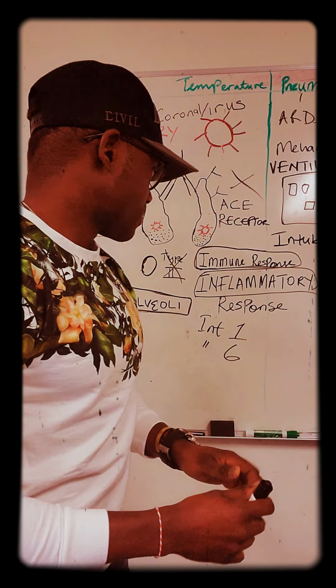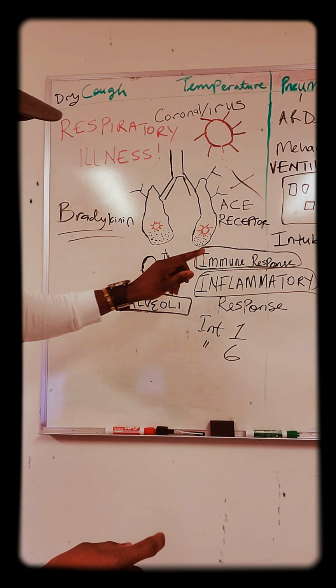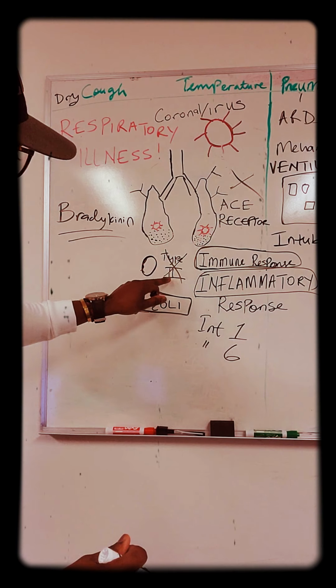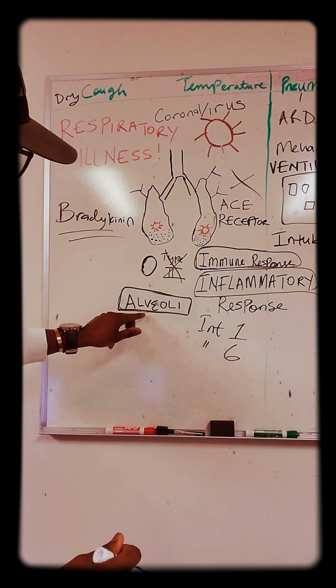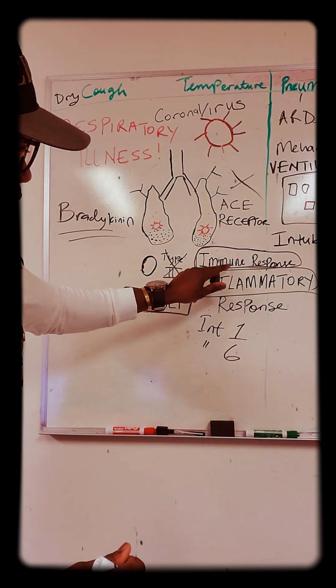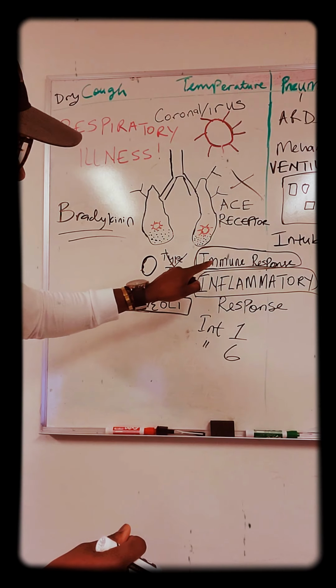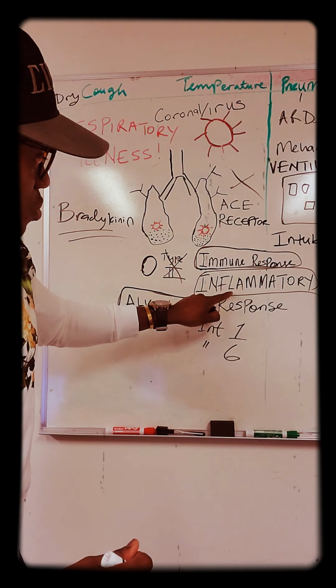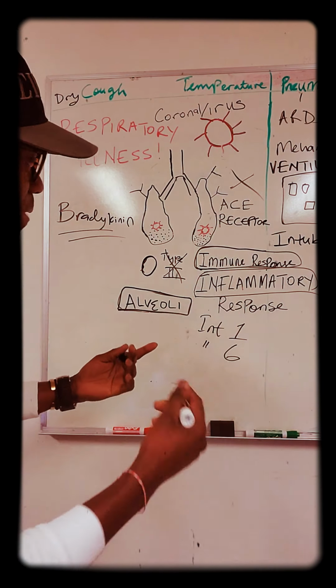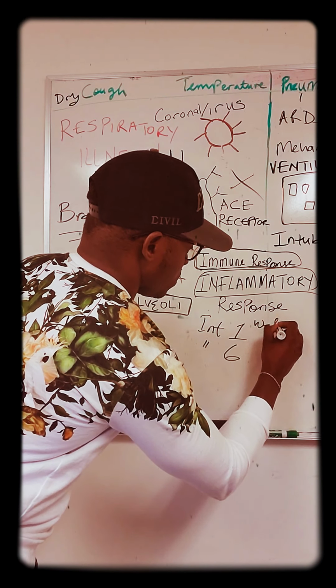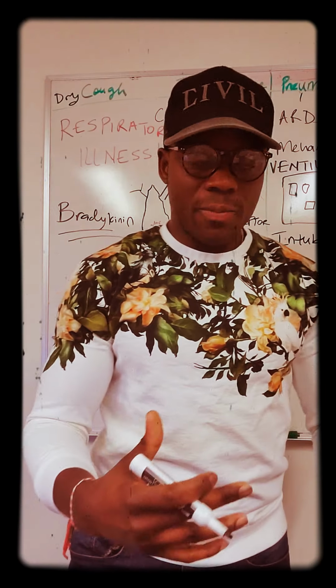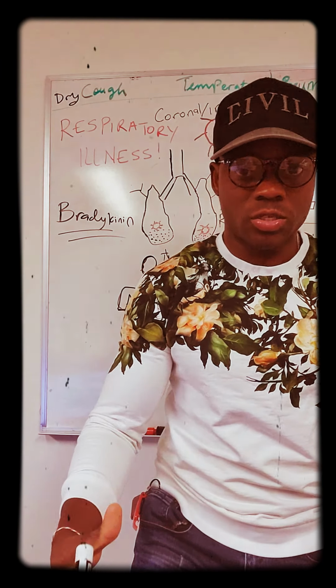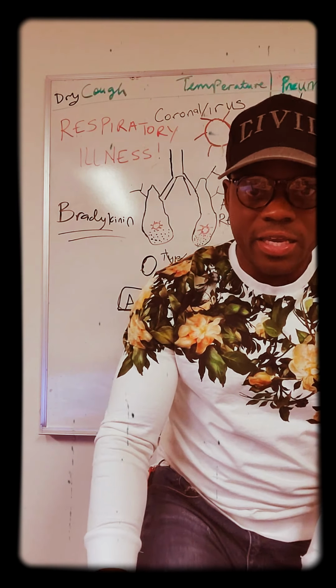What is pneumonia? Pneumonia is basically when the type 2 cell in our lungs, the air pockets, gets an immune response. This immune response, like I said, leads to inflammation. Inflammation is basically water. When you hit your knee on something hard like a table, that area gets swollen.